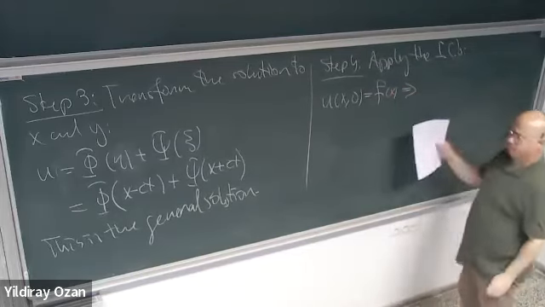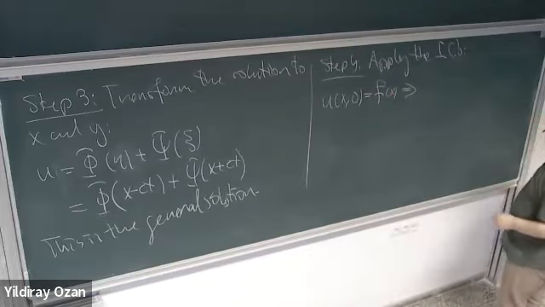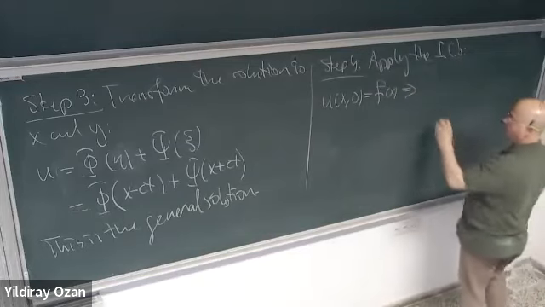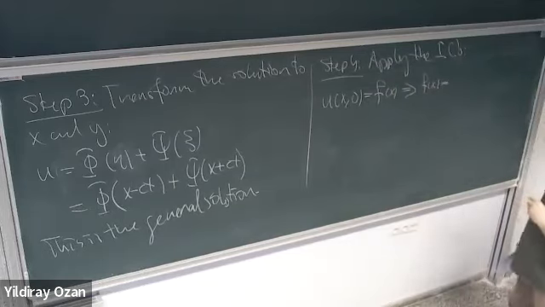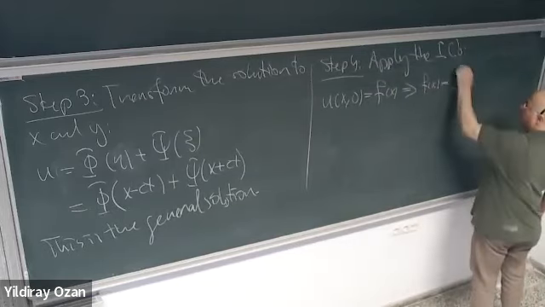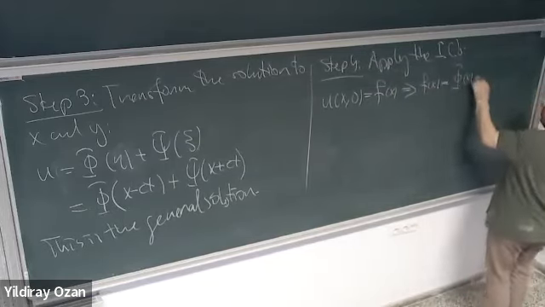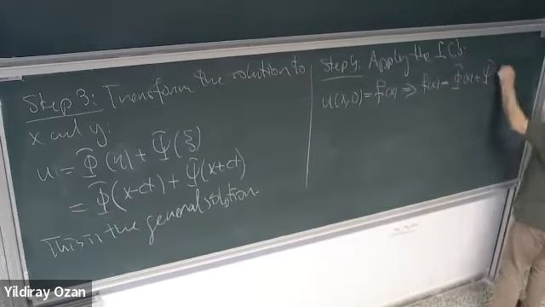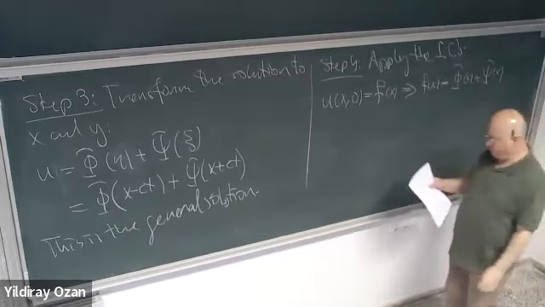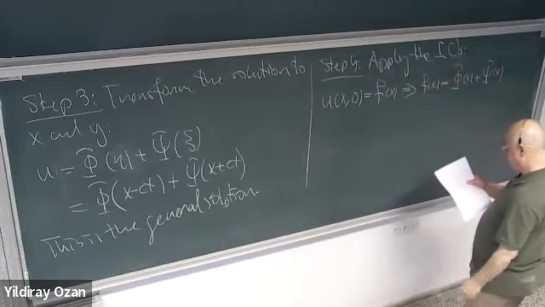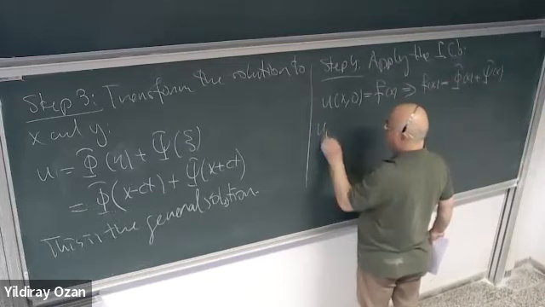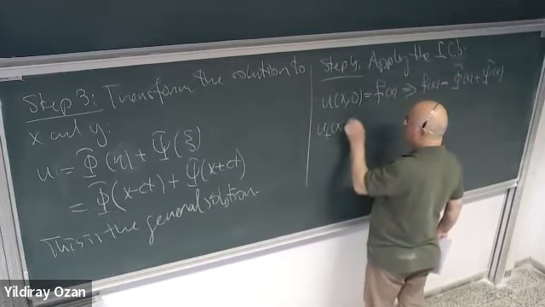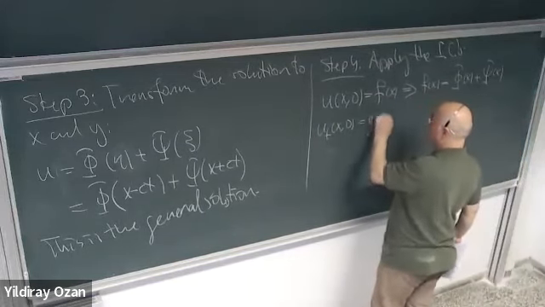So when we plug 0 for t, we get phi x and psi x adds up to f, and then we have also the other condition, u sub t (x,0) equals g of x.